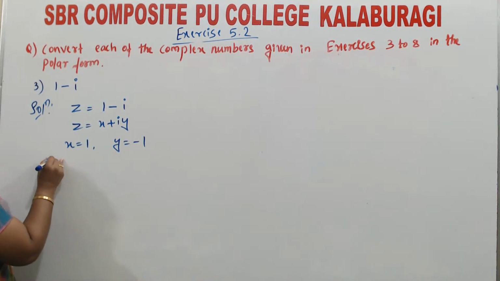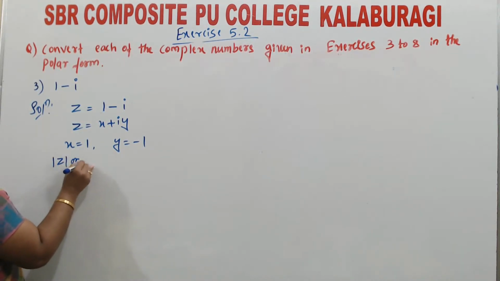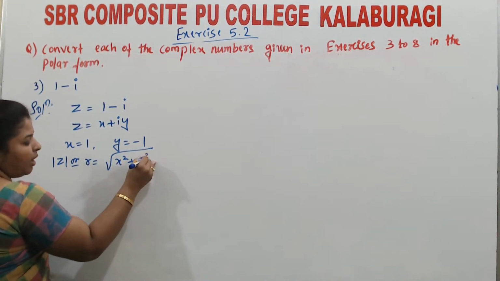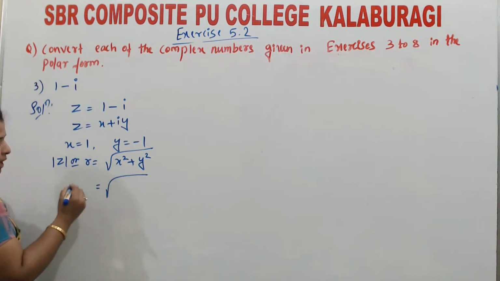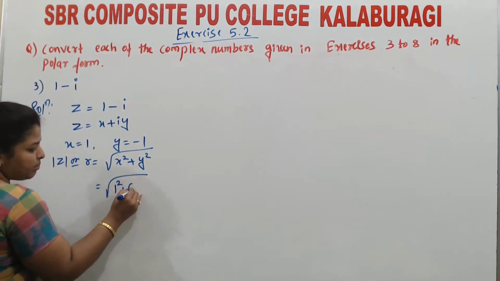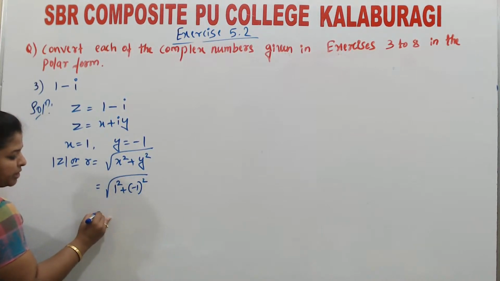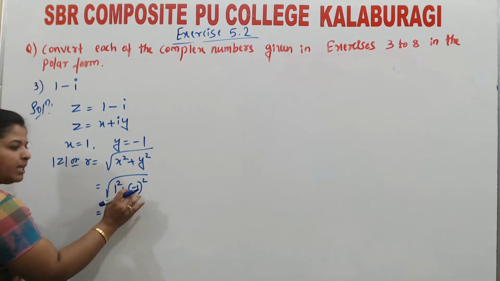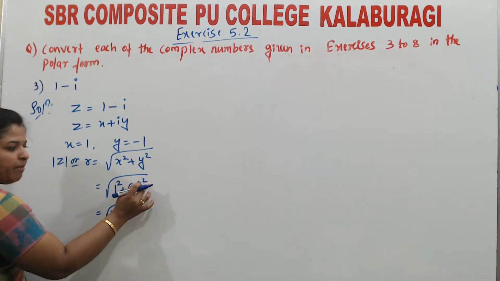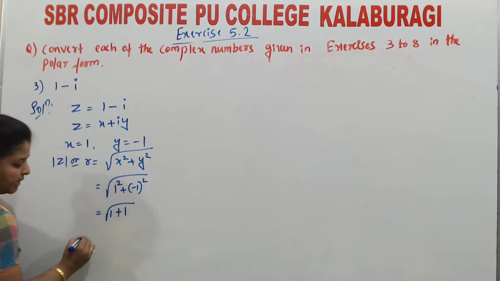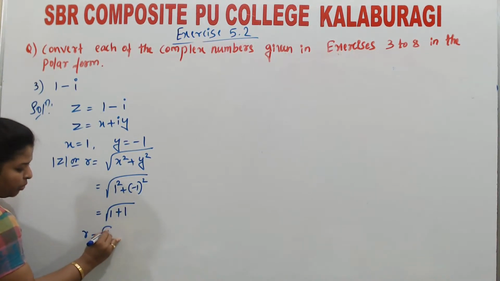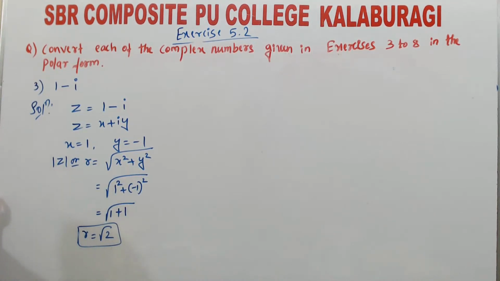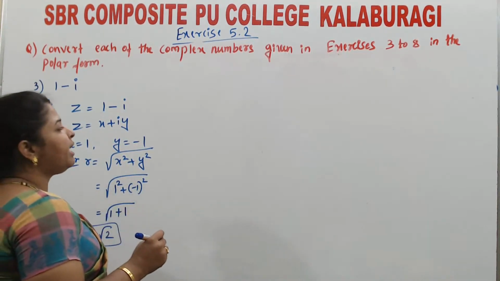For finding the modulus of z, r is equal to square root of x square plus y square, which is equal to square root of 1 square plus minus 1 whole square. 1 square is nothing but 1 only. Then plus minus 1 whole square. A minus is there, power is 2, that's why this becomes plus. Therefore, r is equal to root 2. The modulus of the given complex number is root 2. Next, what do we have to find? Theta value, right?